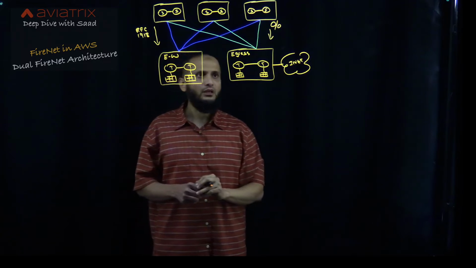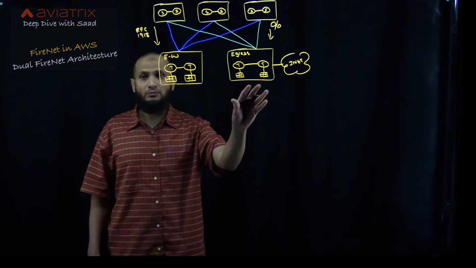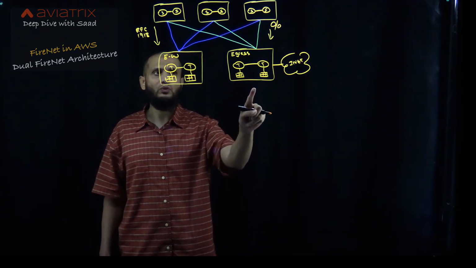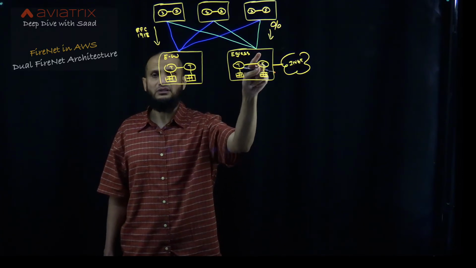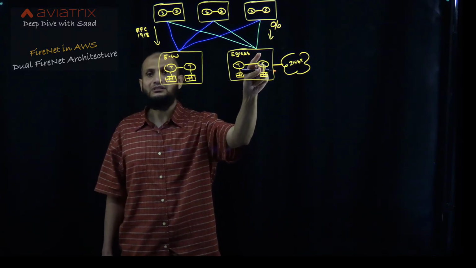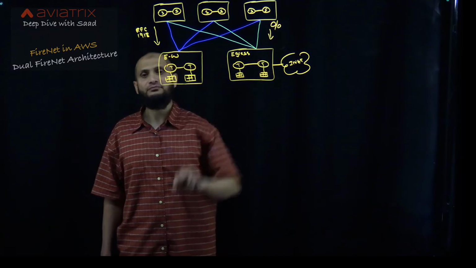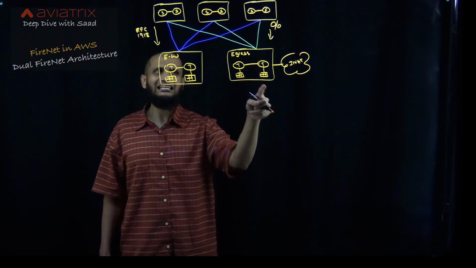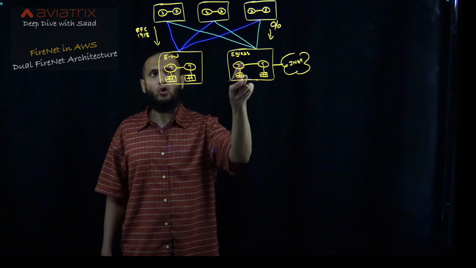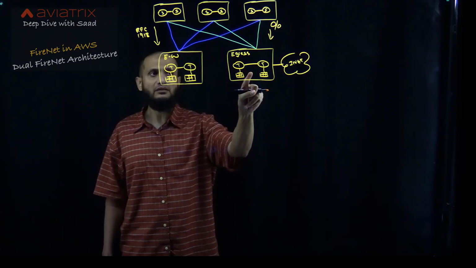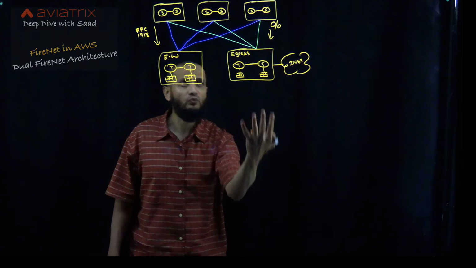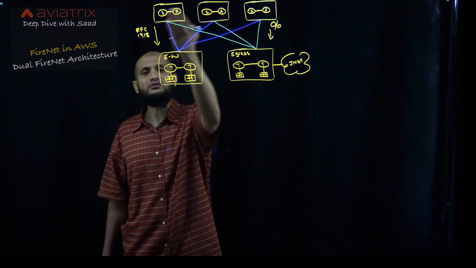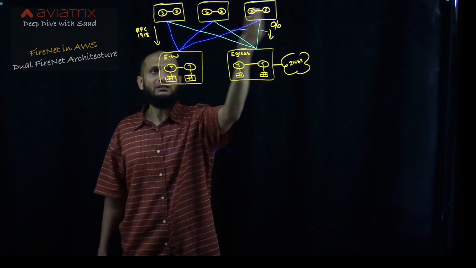Now, in order to deploy this, you want to make sure that when you deploy the egress one, you disable the traffic inspection. And at the same time, you need to enable egress through the firewall from only this egress FireNet. That way, the quad 0 will be propagated to all those inspected VPCs.